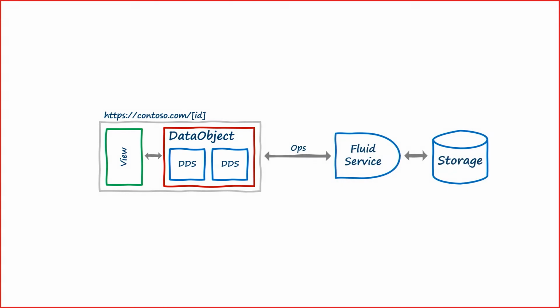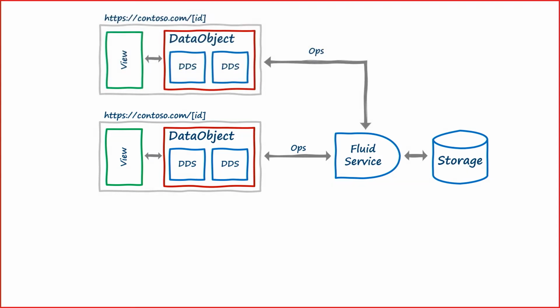Now, of course, this is collaborative, so we do need to send ops that a user types or interacts through maybe a mouse, whatever it may be, up to a Fluid service. There is some storage involved, but then as multiple users join, we need the same type of process to occur. So here would be an example of another user joining and getting the ops, and then we could add a third user into the mix here.